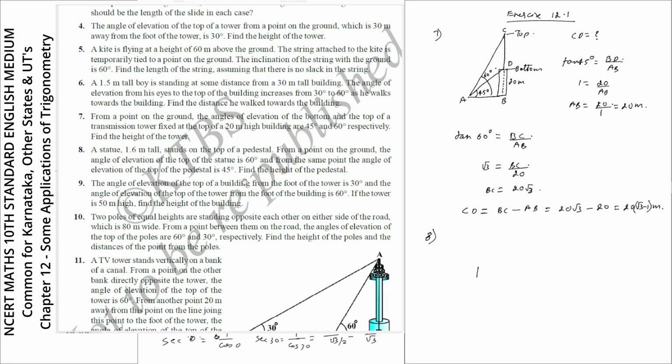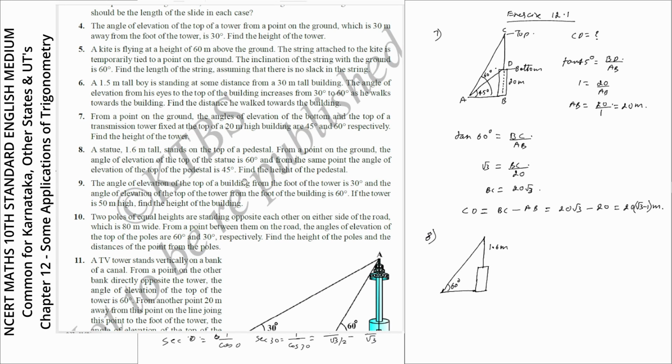So there is one statue which is on top of the pedestal, like this, and the statue height is 1.6 meter tall, and from the ground the angle of elevation of the top of the statue is 60 degree. So this angle is 60 degree, and also from the same point the angle of elevation of the top of the pedestal.